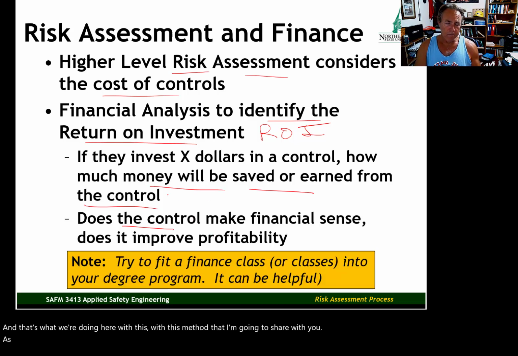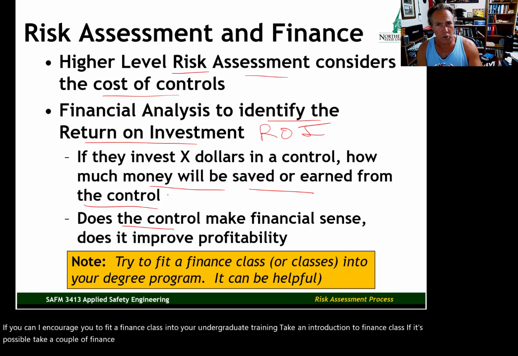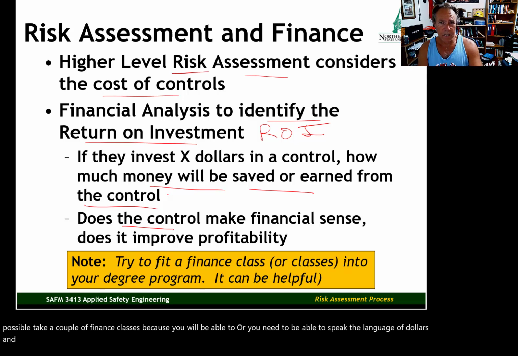As a sidebar, if you can, I encourage you to fit a finance class into your undergraduate training. Take an introduction to finance class. If it's possible, take a couple of finance classes, because you need to be able to speak the language of dollars and cents as a safety manager.